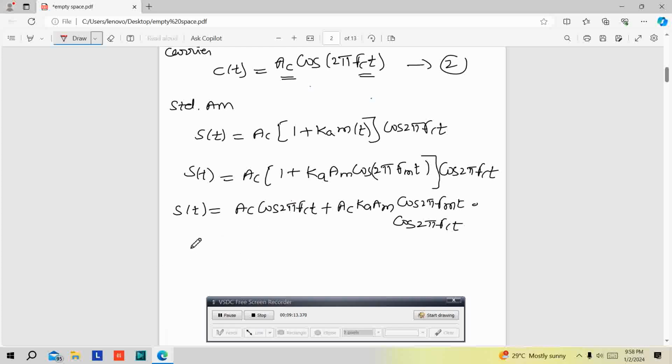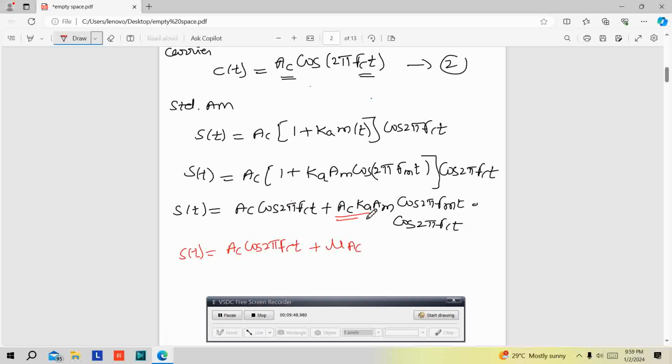Before that I am going to write one more step. s(t) = Ac cos(2π fc t) + Ac, I am going to take a mu. Mu is equal to Ka Am. Then it becomes mu Ac.